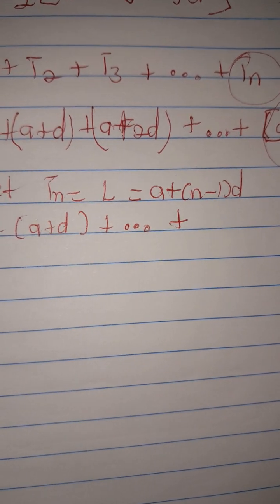Remember that this is an arithmetic series. When creating a pattern of an arithmetic series, we add the difference, but in this case it will be the reverse process. So we're going to have L - d plus L. We'll name this equation 1.